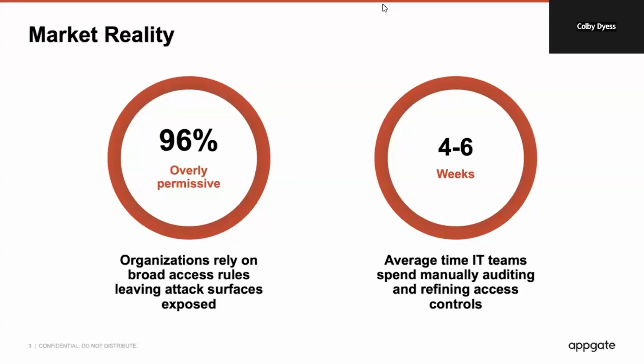And of course, that work has to continue as organizations shift their application stacks to different locations. Maybe they move from on-prem to cloud, or they have a hybrid model, or they're adding new applications. So every one of these changes requires new entitlements to be created. So it's 4 to 6 weeks, but then you have to do that again when the organization changes again. So it's a long-term commitment.